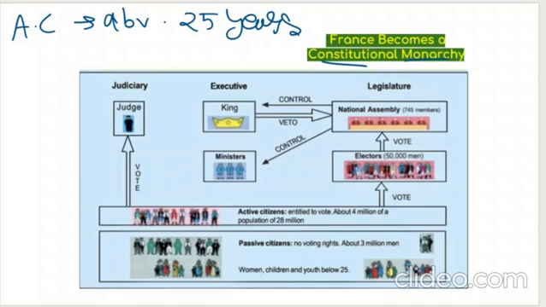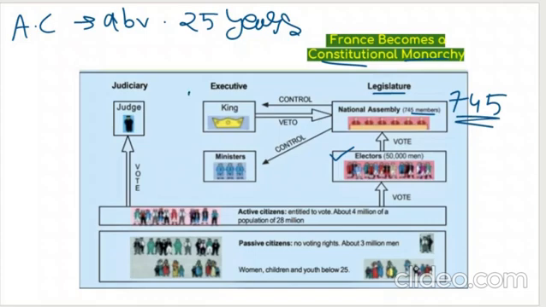What happened was that these people would vote for the electors. Electors means one for every 50,000 men in the elector system. Now these electors will vote for the 745 members of the National Assembly. Who will be in the National Assembly? 745 people.